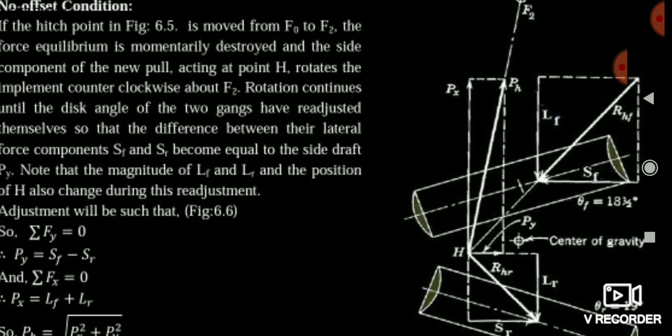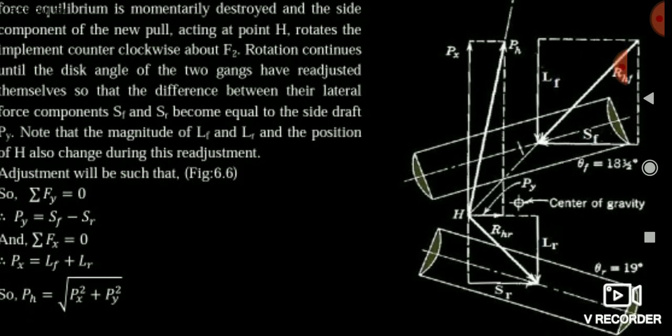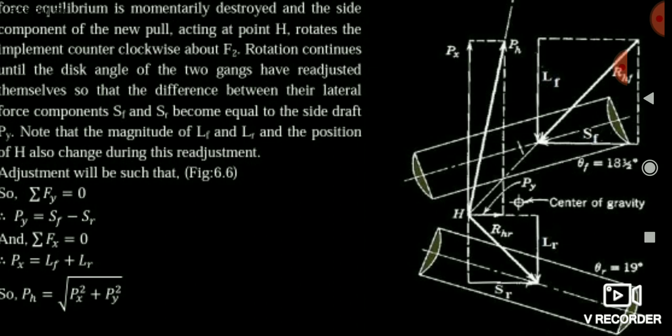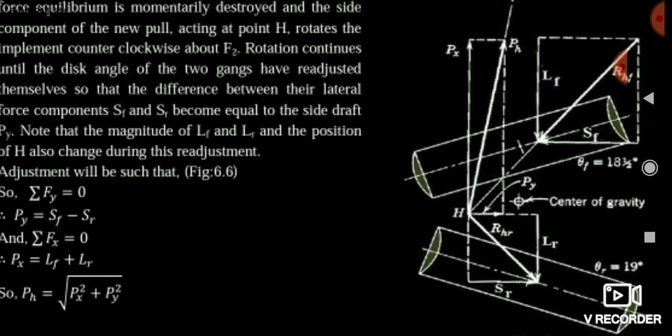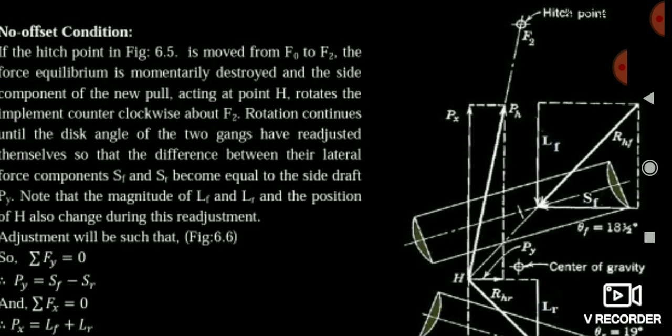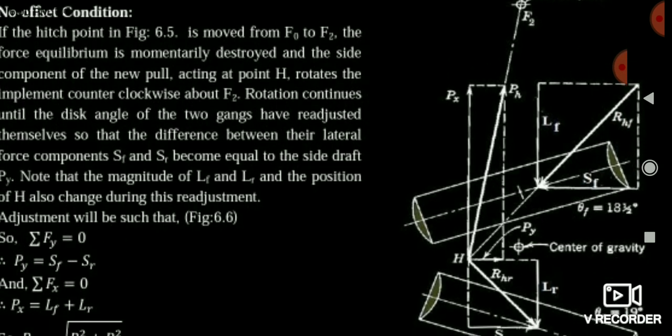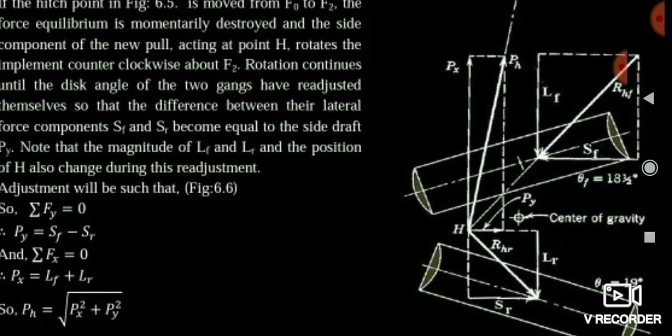Now friends, you see the LF and LR. Friends, LF is simply the vertical force acting on the front axis of the disc harrow, and LR is the vertical force acting on the rear axis of the disc harrow. And friends, the distance between the hitch point and LF and LR are the same here.